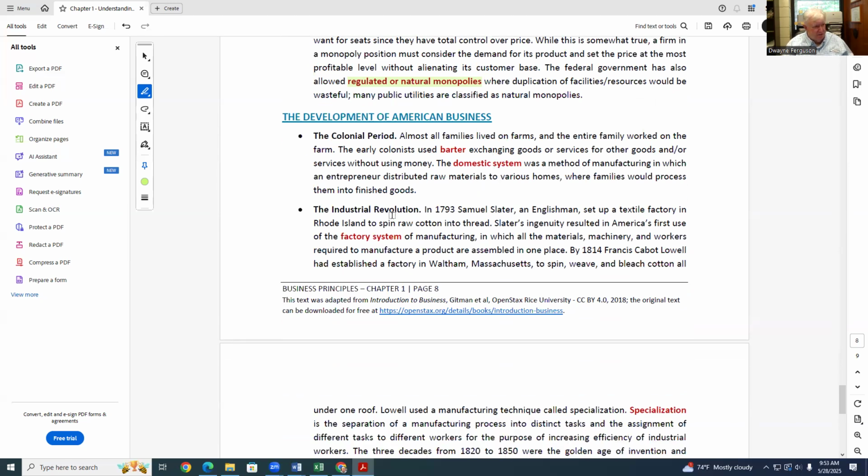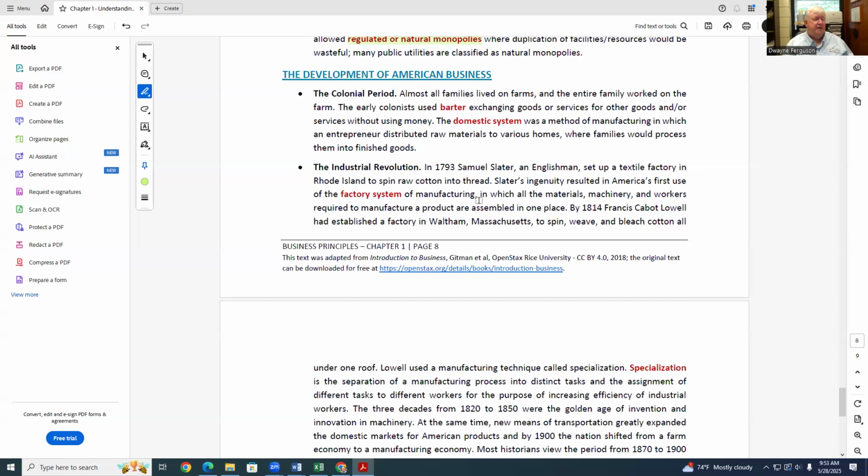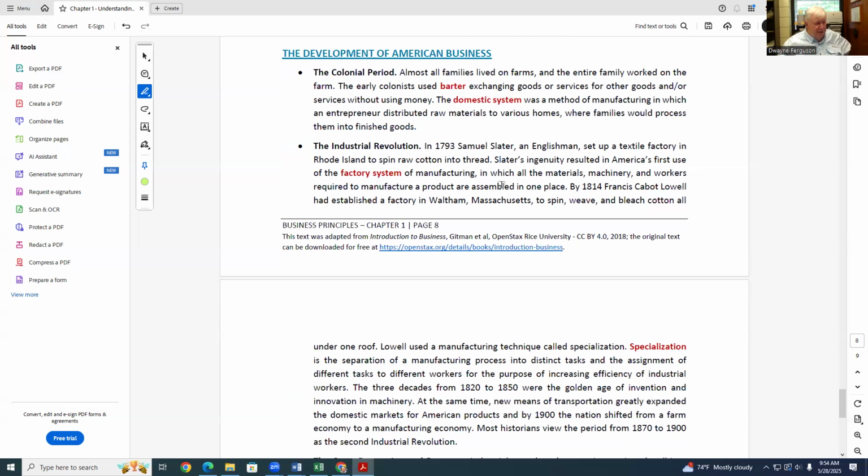And the Industrial Revolution came along first in Great Britain, bringing the factory system in, and then it was brought over to the United States, and of course that's where all of the growth in our production and GDP started to happen, right? So when we started seeing more manufacturing, using the factory system, assembly lines, that sort of stuff.